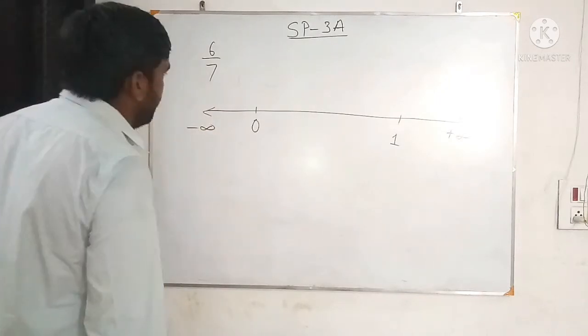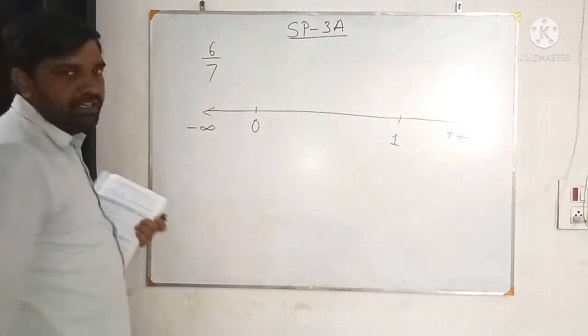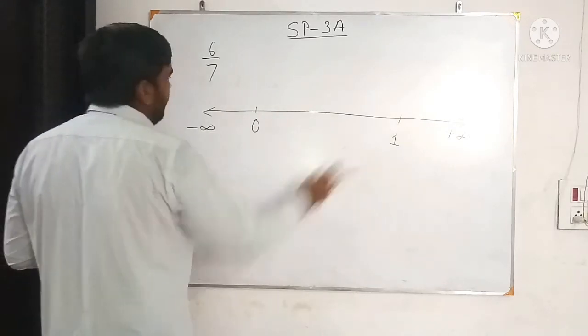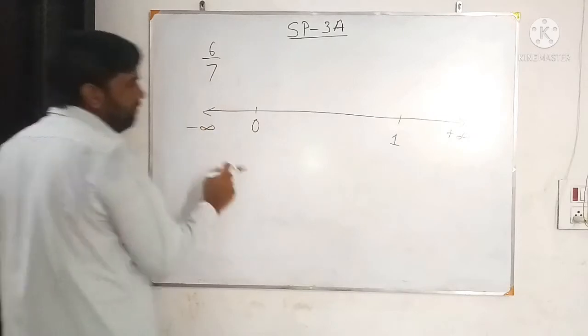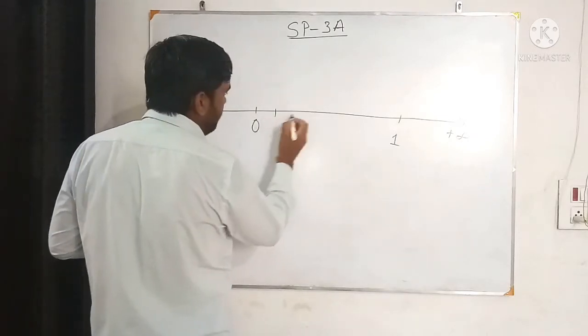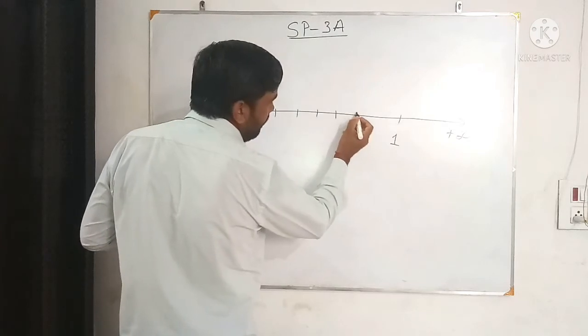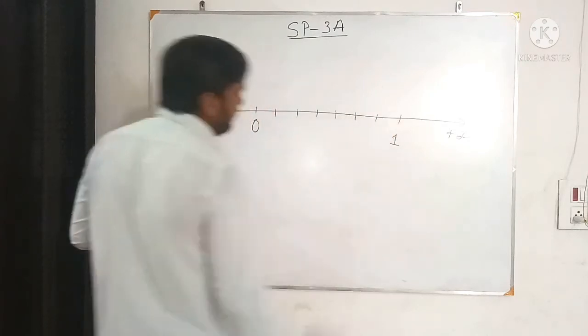Now, the denominator of the rational number represents how many equal parts you have to make between 0 and 1. So this is 7. This means we have to make 7 equal divisions: 1, 2, 3, 4, 5, 6, 7.